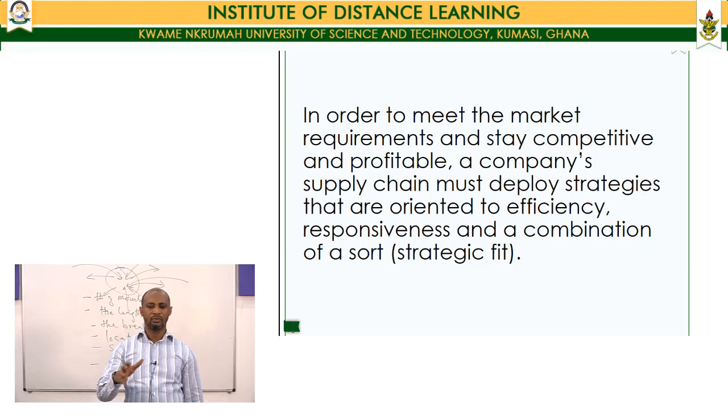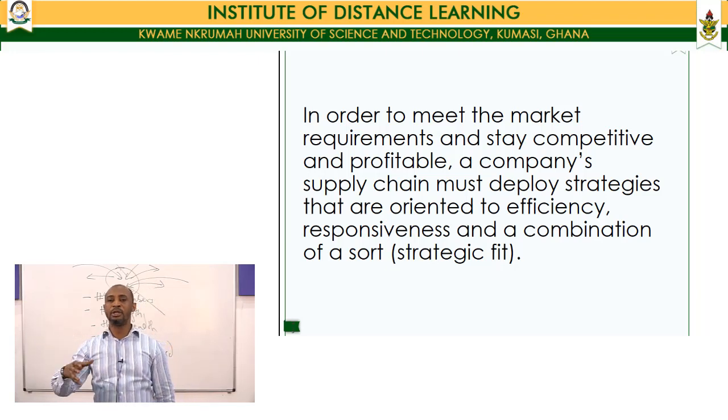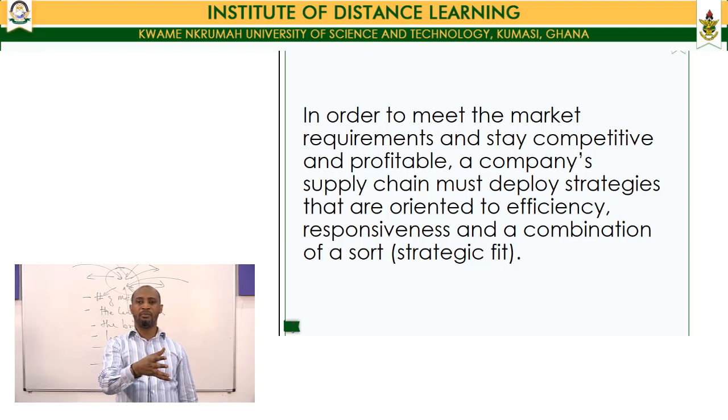And then a combination of efficiency and responsiveness to achieve the strategic fit. The strategic fit is where the doings or strategies deployed by the supply chain enable the supply chain to fit the organizational business strategy. Don't forget, strategy is long-term positioning.